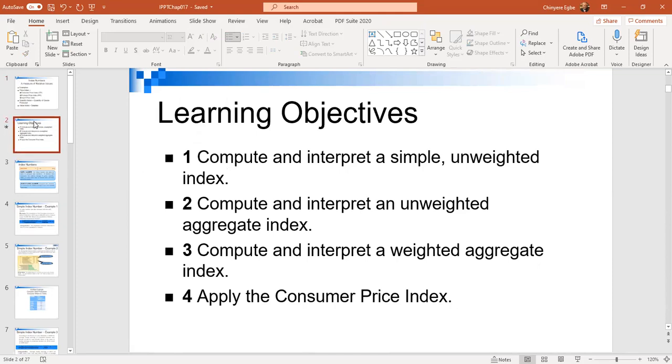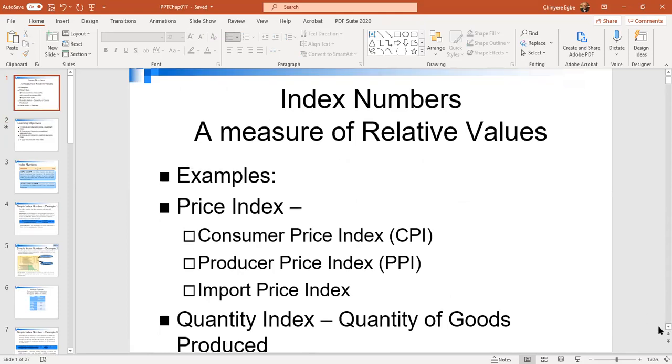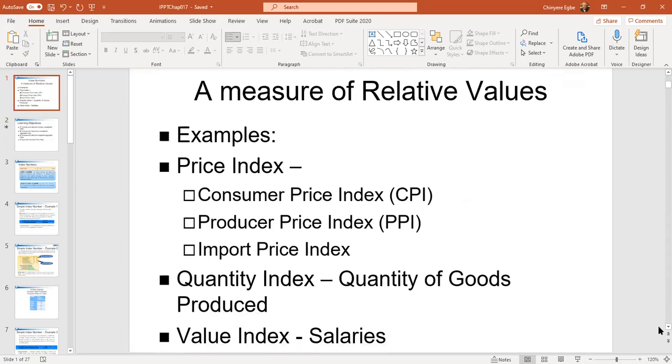For example, a measure of, say, the salary, or the value of certain things. If your salary was $100 last year, and this year your salary is $125, then the 125 will be divided by the 100, and you get 1.25.